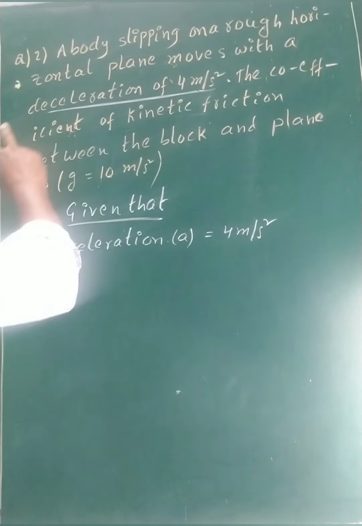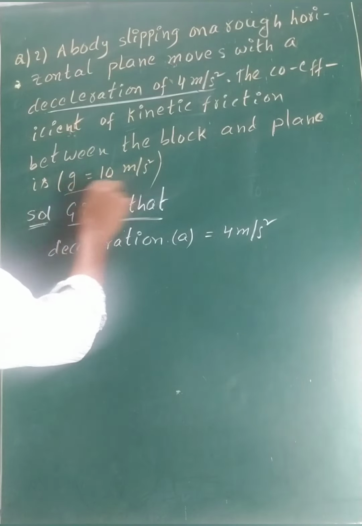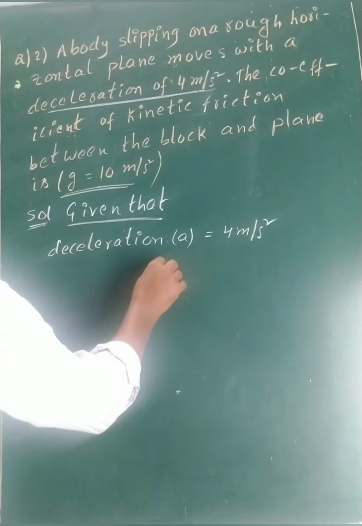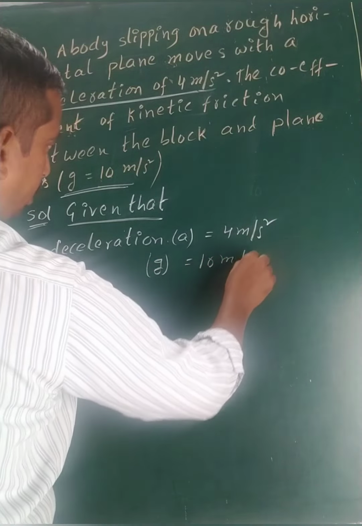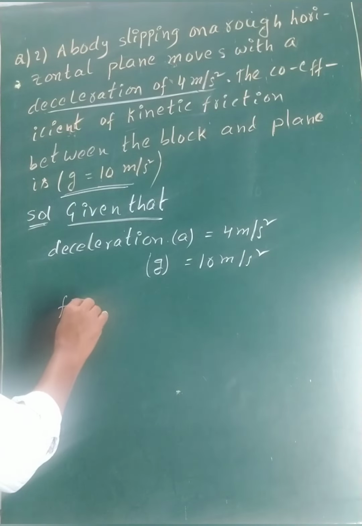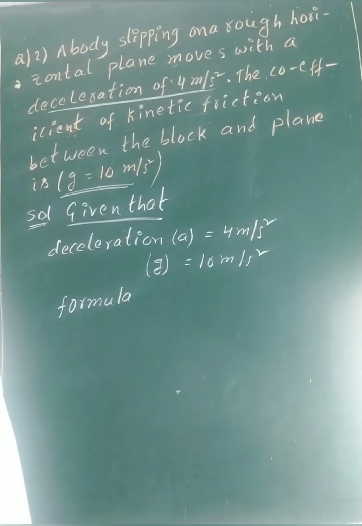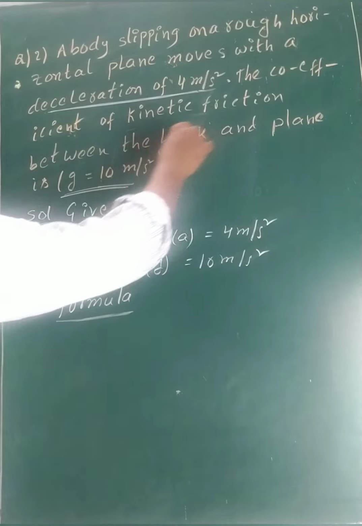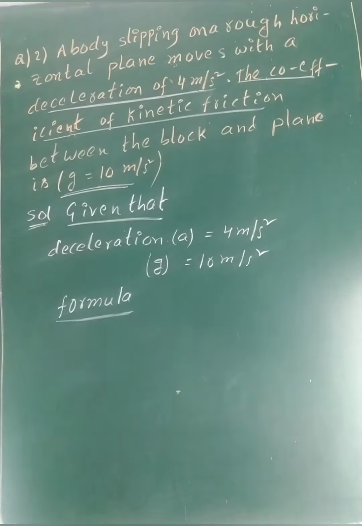Next, g is given as acceleration due to gravity, 10 meter per second square. We know the formula. What do we find here? We find the coefficient of kinetic friction.